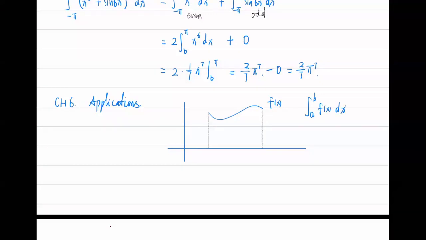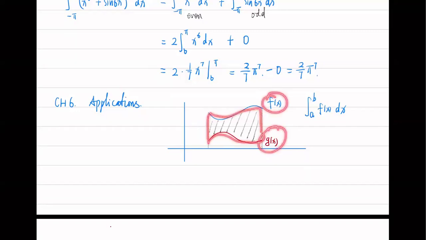Suppose that we have a second function that is less than f. We want to find the area in between. Okay, so Chen, do you have a formula for this area? And why is that?